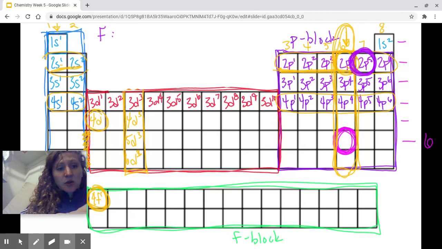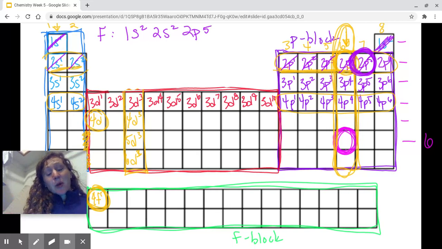Okay, so here's electron number 1. It's in the first row. It's in the s block, and I have 1, 2 of them. And then I'm going to have 1, 2 electrons in the 2s block. And then in 2p, I'm going to have 1, 2, 3, 4, 5.